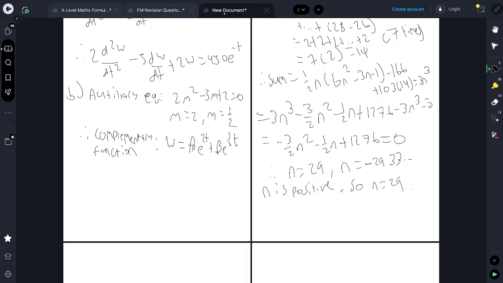And I guess the reason that works is because e to the t is the only thing that remains the same, because d/dt of e to the t is still e to the t, right?